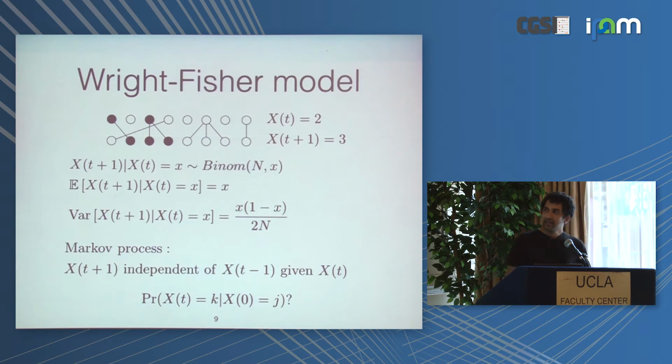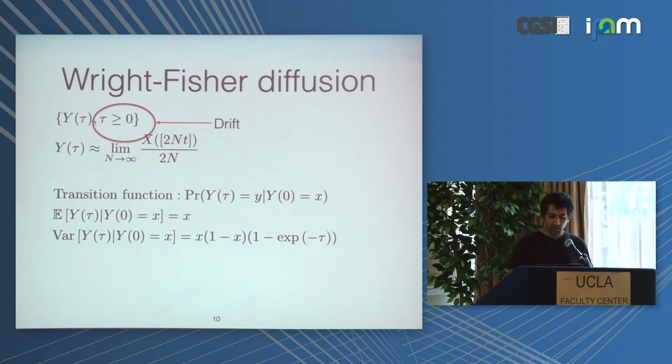So it turns out that this is a simple model, but it's actually not so convenient to do interesting computations in many cases. And so often what we do is we work in a continuous time setting. The idea is we look at time not as discrete generations, but as continuous.